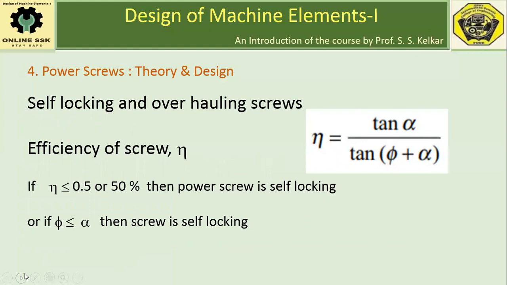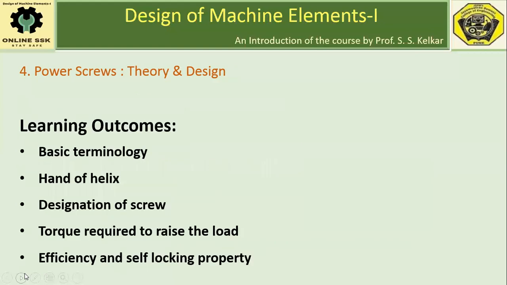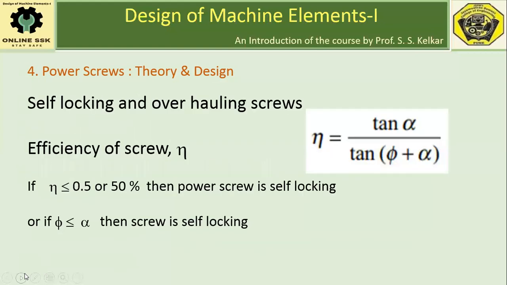Now let us discuss something regarding the self-locking property, self-locking or overhauling nature of the screw. Self-locking screw means that if you have loaded the screw and you are not applying the effort, then the load is sustained by the screw.